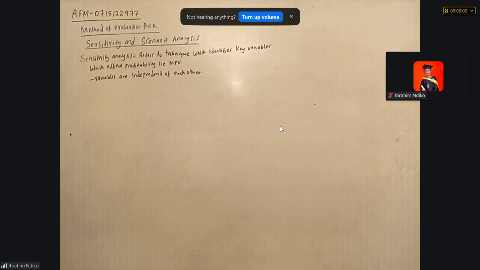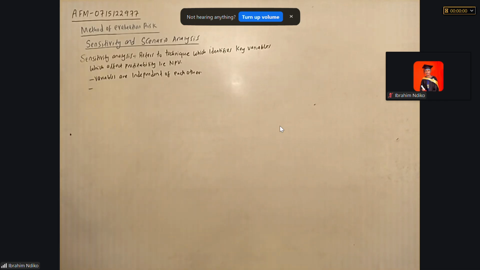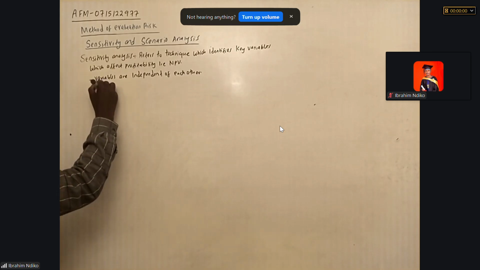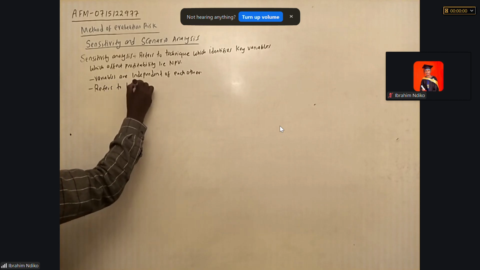So when we say variables are independent of each other, it means we need to evaluate each variable separately. So another definition we can use is that this is a technique which identifies the factors which affect profitability independently.